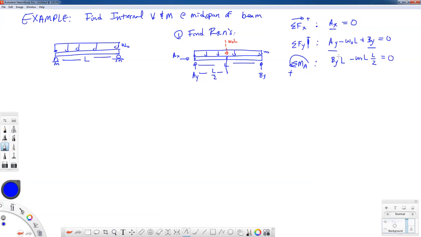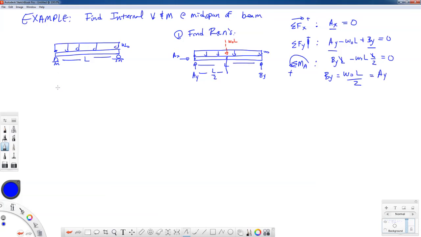Now from this third equation, the L's cancel out, and I can see that BY is equal to W0 L over 2, and if I put that back in here and solve for AY, I will also find that AY is equal to W0 L over 2.